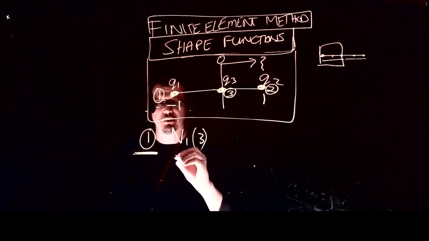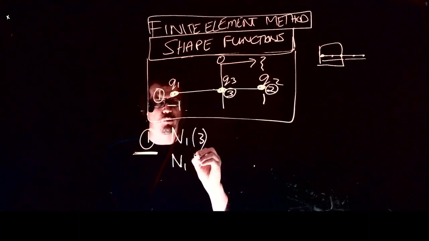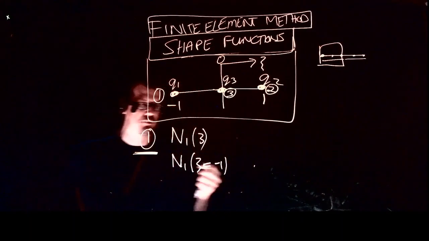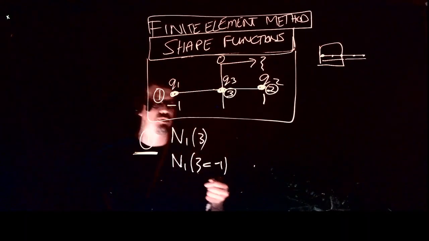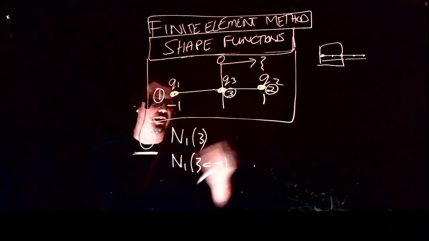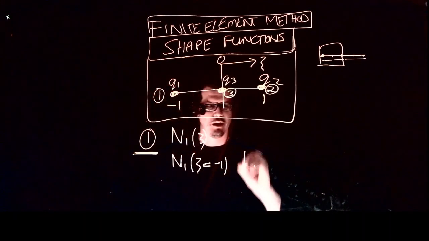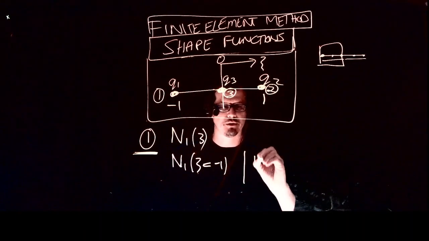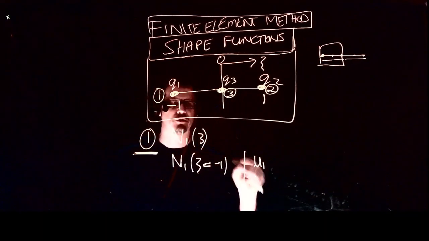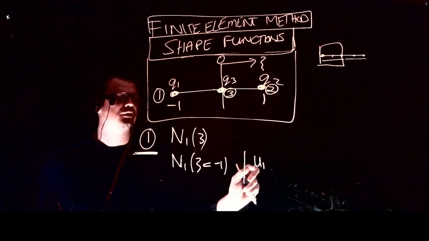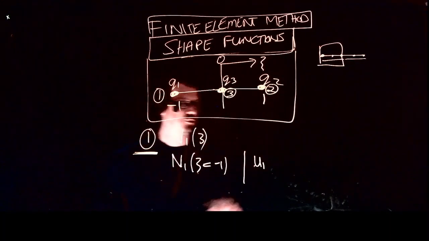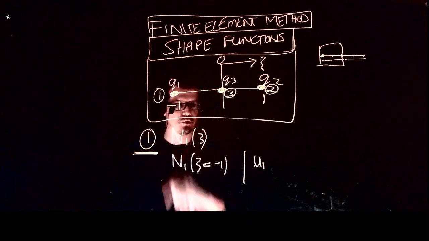The first thing is, if I evaluate N1 at psi equals -1, which is at this node where it's supposed to have information, I would like this to evaluate to some number that, if I multiply it by q1, I get q1 out. So this is the question. I'll call this contribution to the displacement u1, because it refers to the contribution to the displacement field due to variable q1, or node 1.